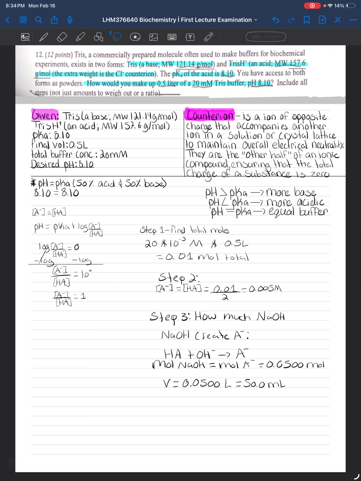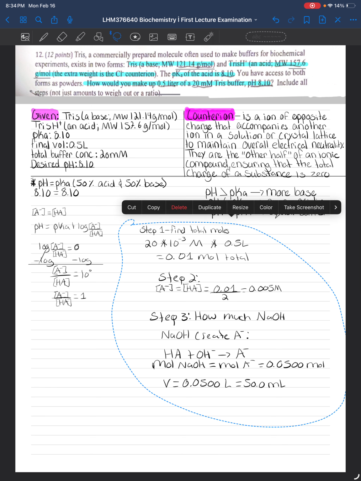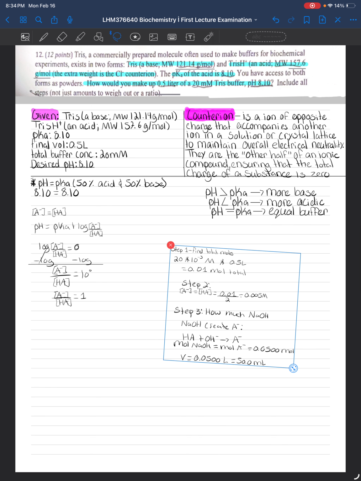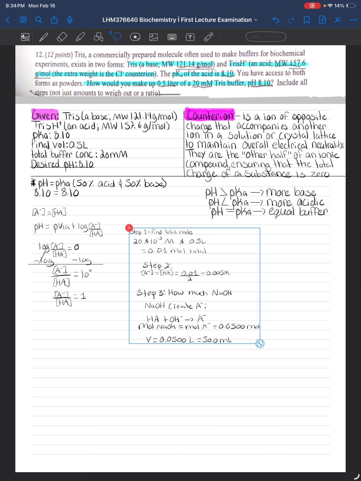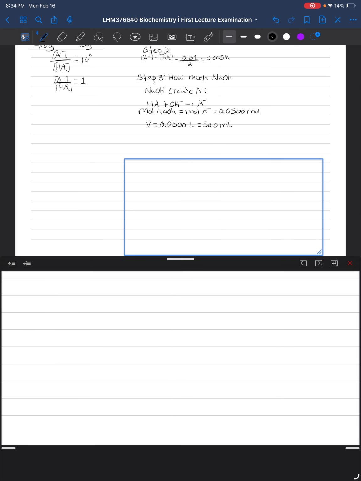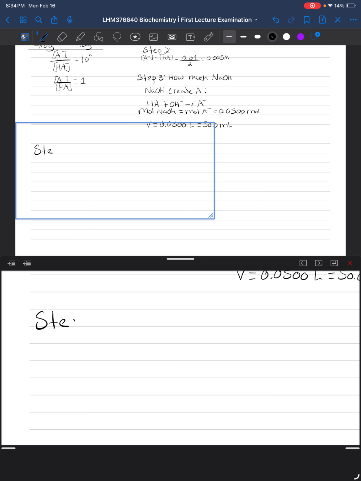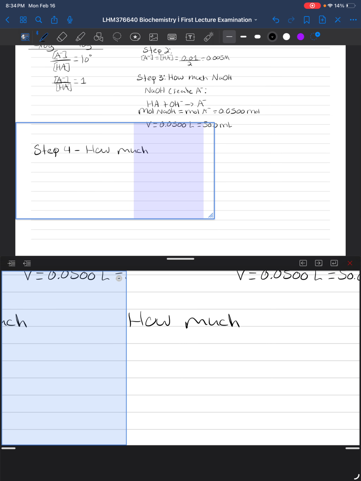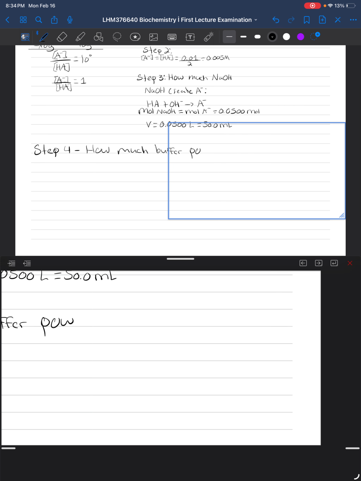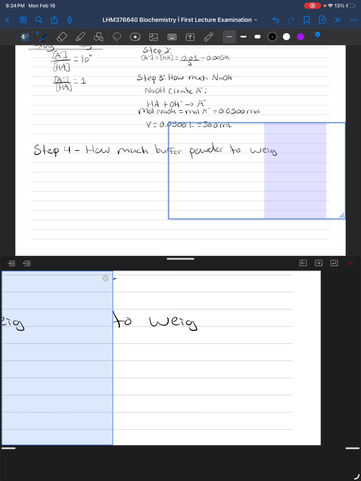Let me minimize this so we can have space. Step 4: how much buffer powder to weigh?